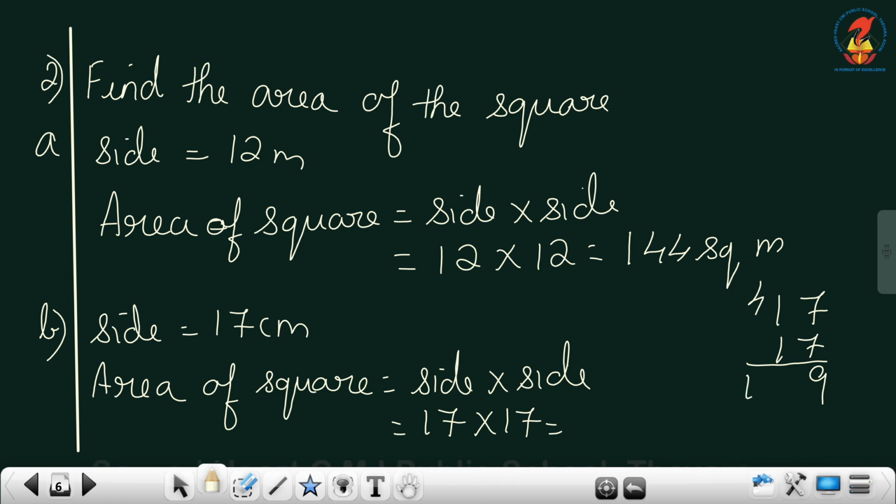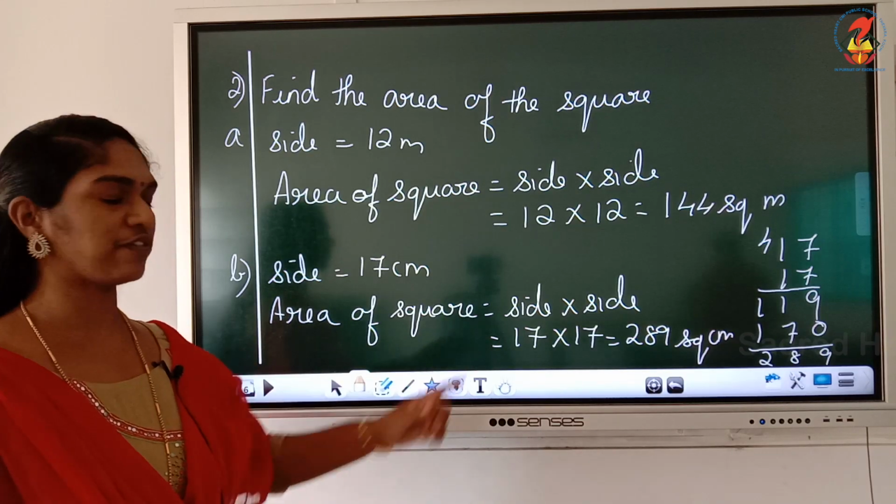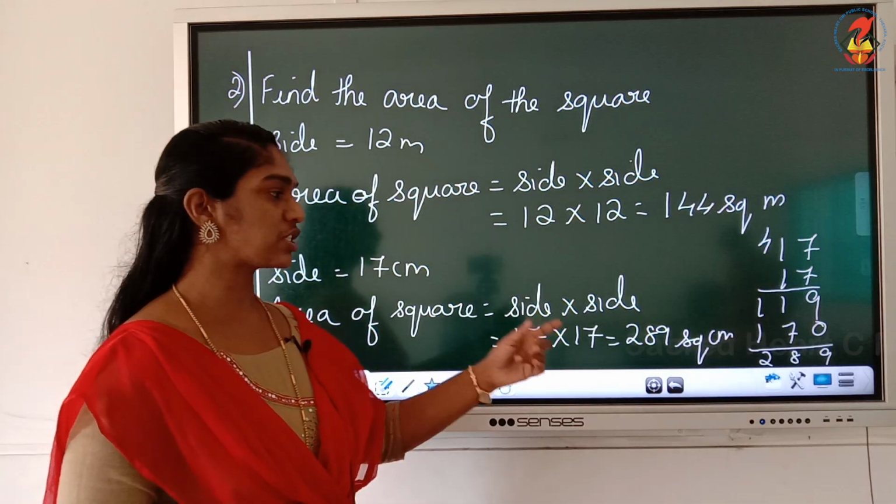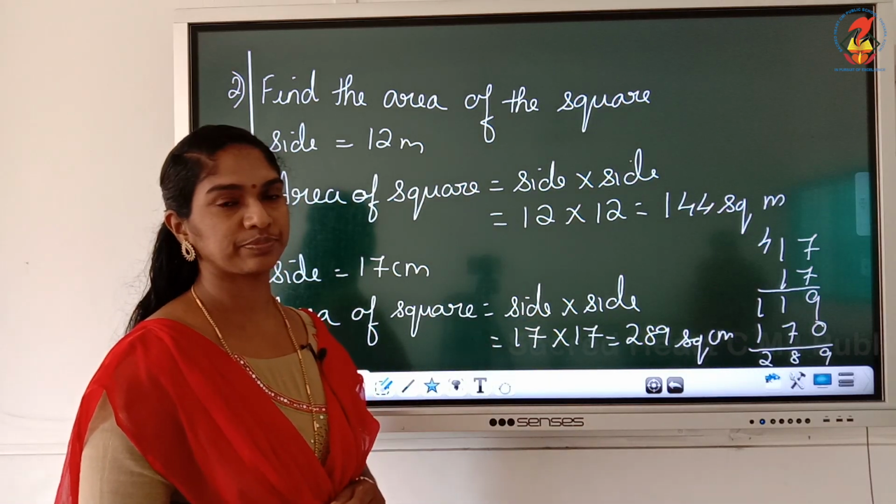Plus 4 you get 11. Then you have 7 here, 1 here, 9, 8, 2. 289. 17 into 17 you have 289. That is 289 square. What is the unit? Centimeter. 289 square centimeter.